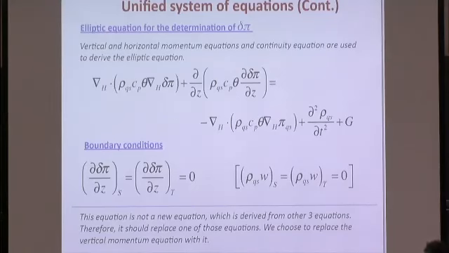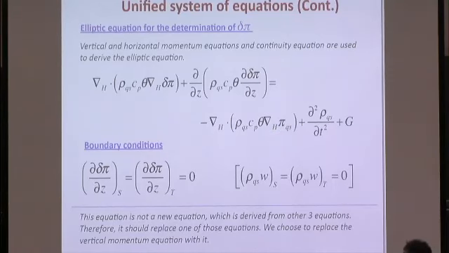Every time you have to filter something, you end up with an elliptic system. Notable about this is, first of all, this term on the right-hand side. What we can see is the hydrostatic Exner function. It is the same term that appears here, but instead of non-hydrostatic, it is the quasi-hydrostatic component.